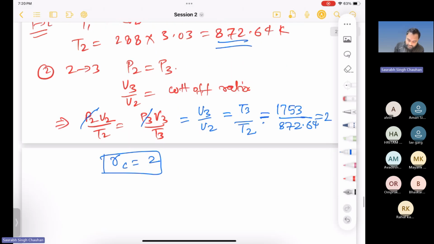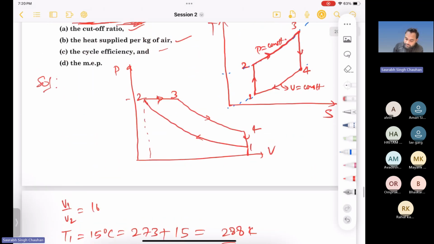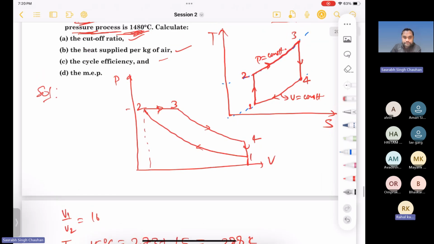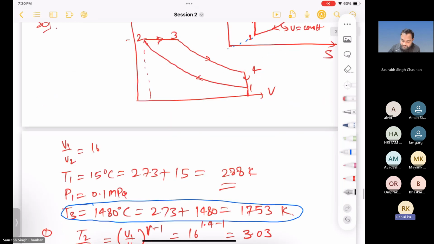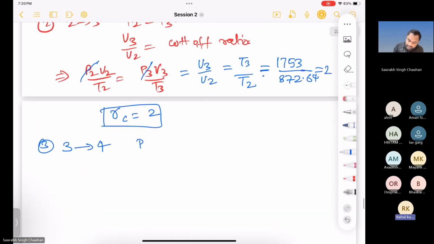Now let us move from 3 to 4. So 3 to 4 is again isentropic expansion. So we will use P3 V3 to the power gamma is equal to P4 V4 to the power gamma, right?